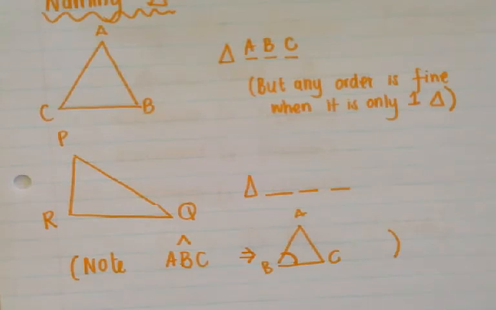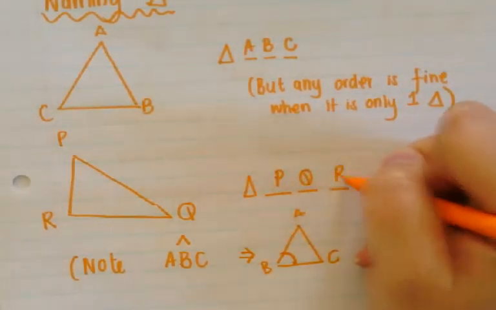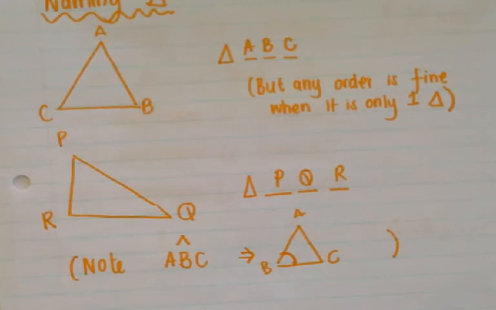I'm just looking at that one triangle and giving it a name using those three letters. But the convention is to do it alphabetically. So I will go P, Q, R. But any other combination would have been fine because I was dealing with one single triangle.